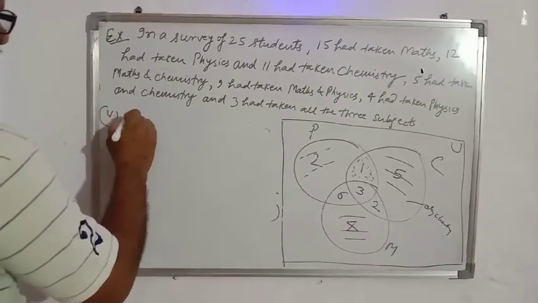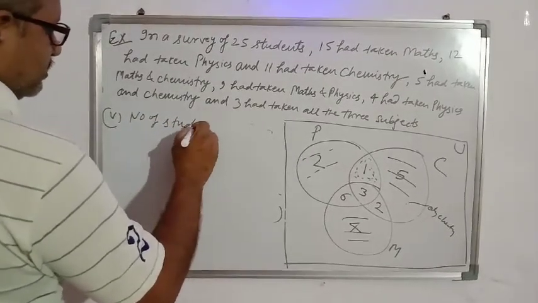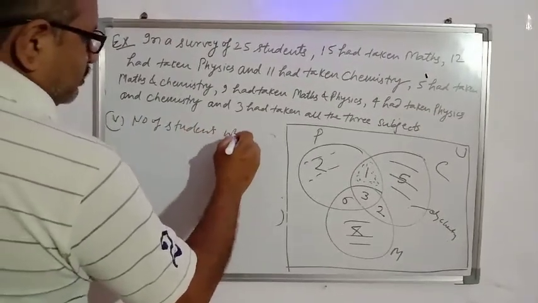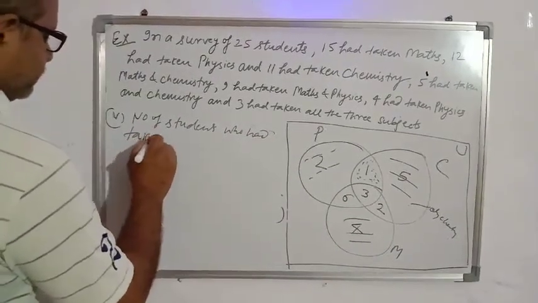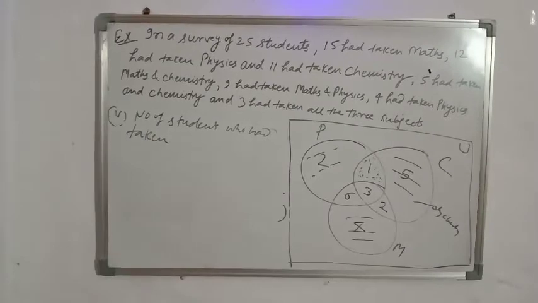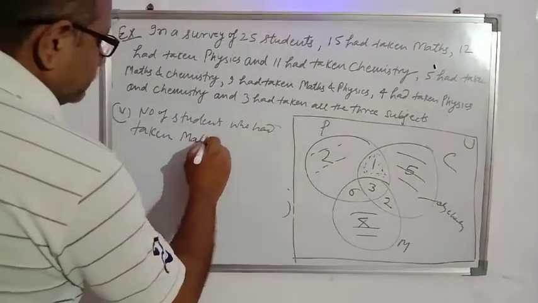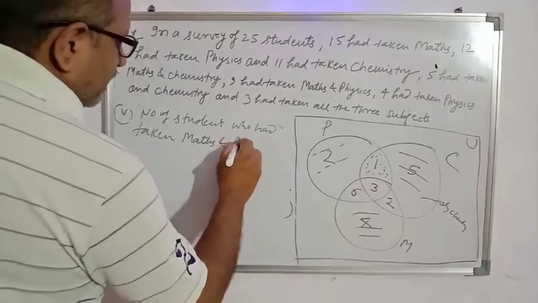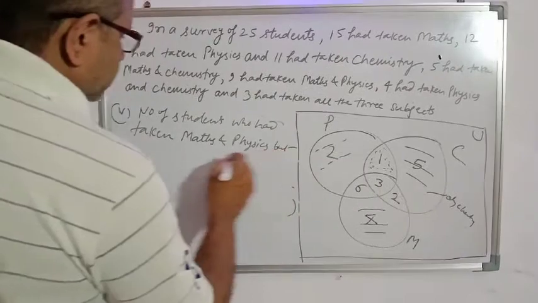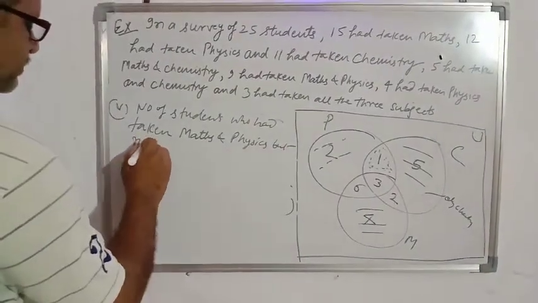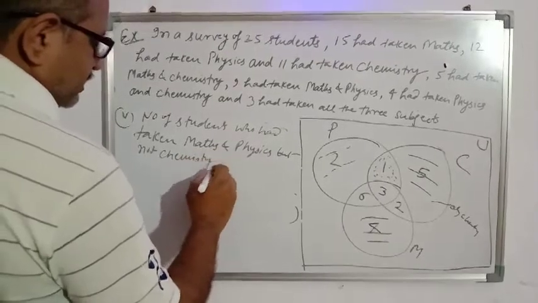Fifth part, number of students who had taken math and physics but not chemistry.